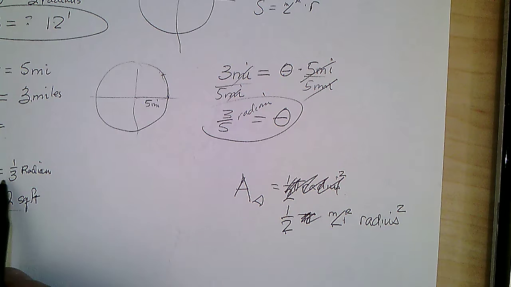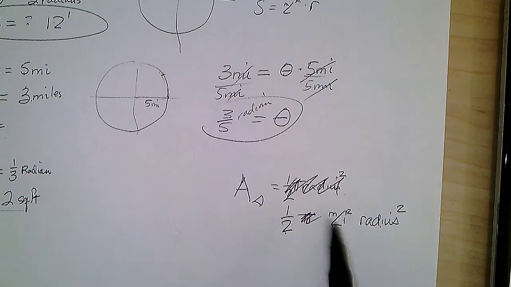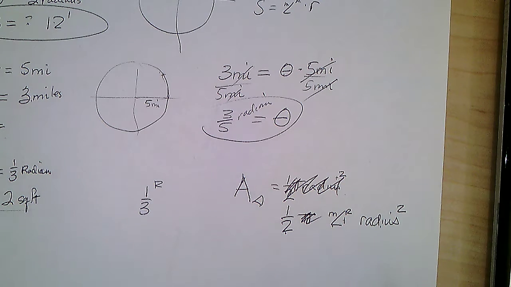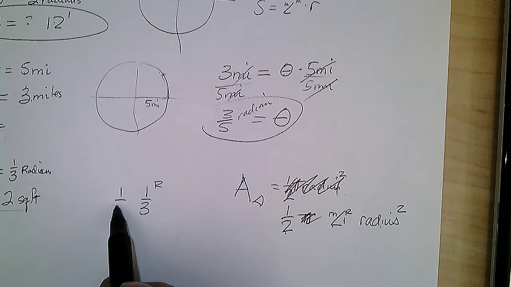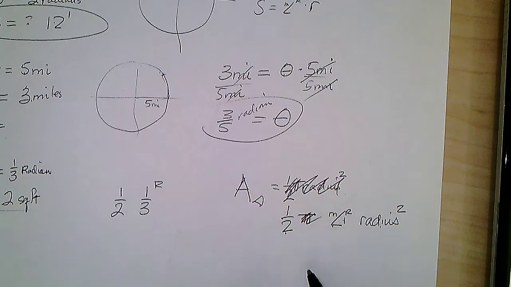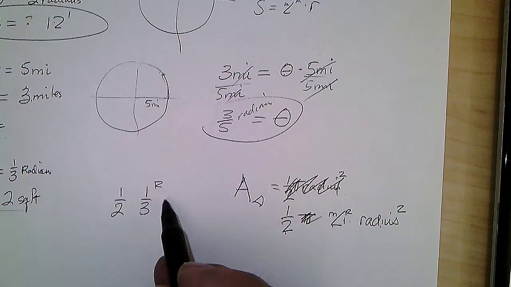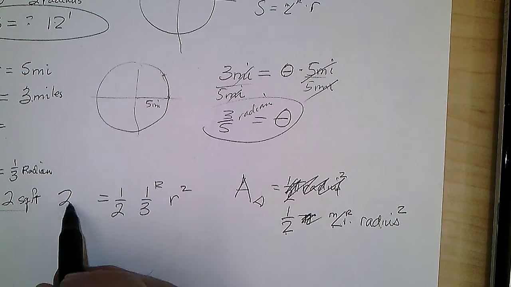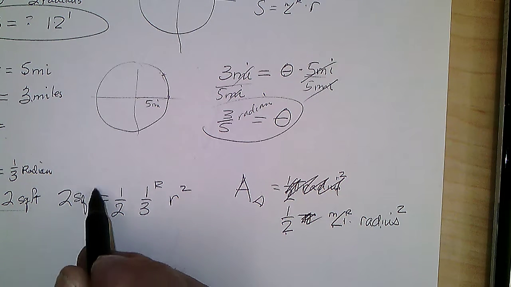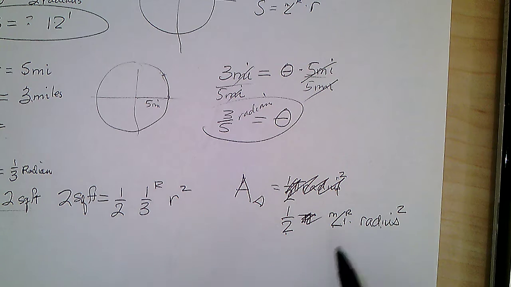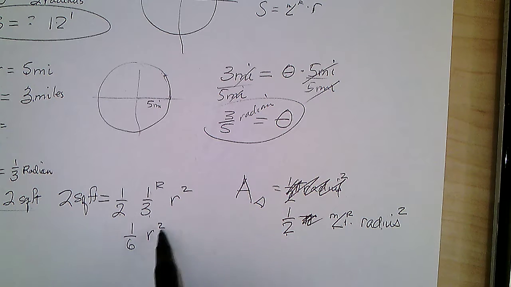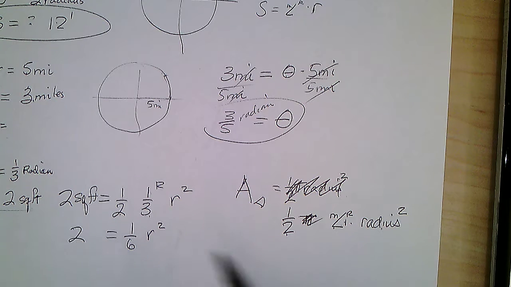Sorry about that. So, the measure of the angle in radians is 1/3 times a half times the radius squared. Oh, we're supposed to find that. The radius squared equals the area, which is 2 square feet. So 1/2 times 1/3 is 1/6 r squared equals 2.